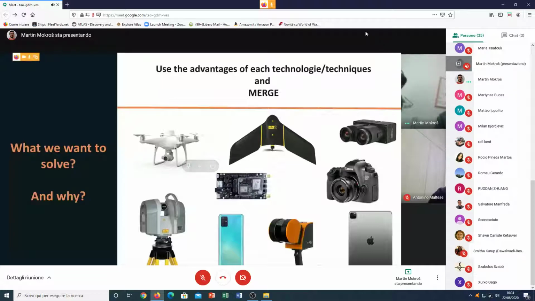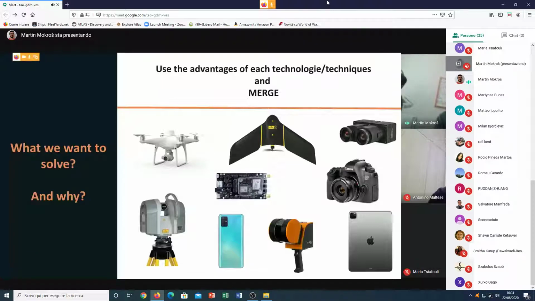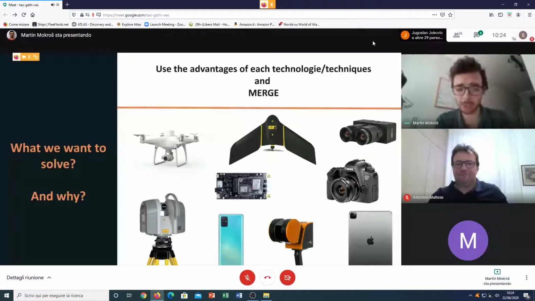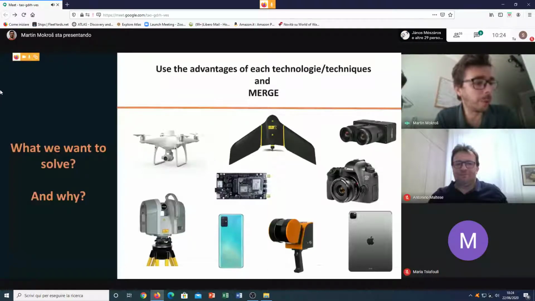We also have projects using drones, both copters and fixed wings. In my group, we are implementing different methodologies to use these technologies, developing some hardware, and developing software to process the point clouds to get information about the forest.